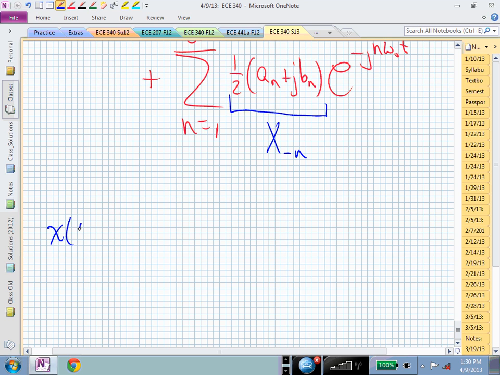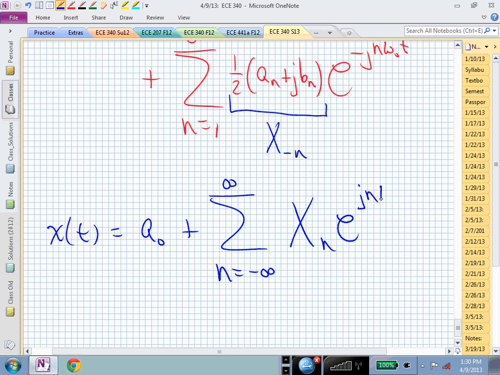I now have the ability to write little x of t as a sub 0 plus this sum from n equal minus infinity to infinity, meaning in this summation notation, in the very last one, with sum from little n equal 1 to infinity, X of minus n, this is going to be capital X sub minus 1, capital X sub minus 2, etc. in this lower summation, and I now have X sub n e to the j n omega naught t.